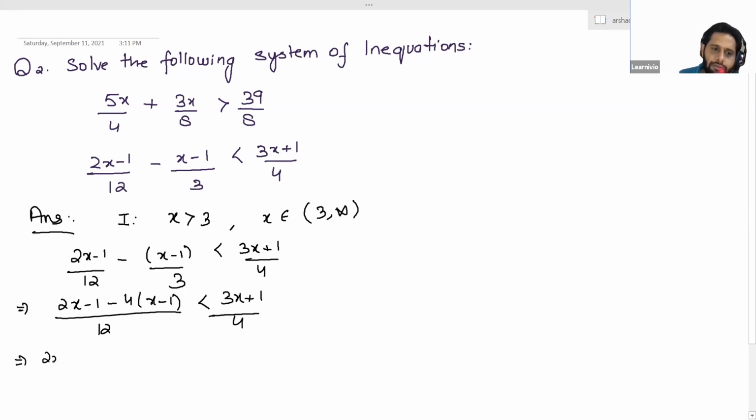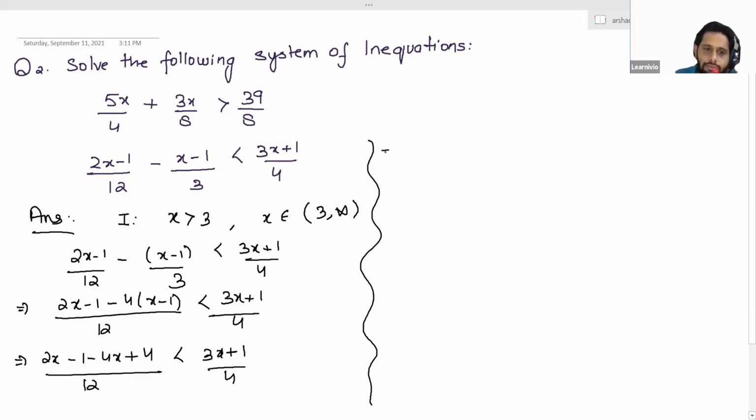Now open the bracket: 2x minus 1 minus 4x plus 4 by 12, less than (3x plus 1) by 4. Now solve this. 2x minus 4x is minus 2x, plus 3, by 12, less than (3x plus 1) by 4.